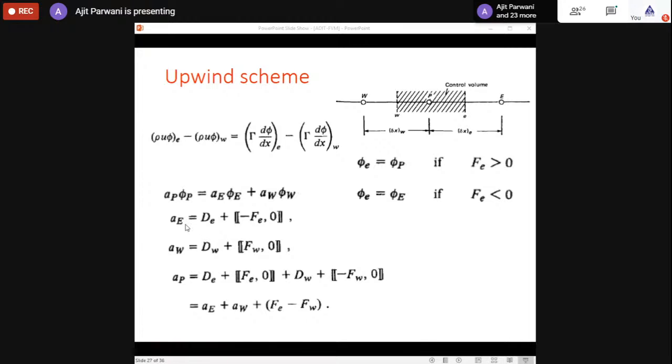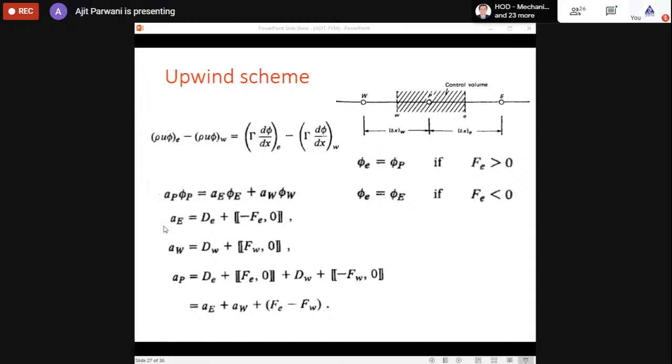If Fe is negative, then AE is equal to DE plus Fe, because if Fe is negative, then this value comes greater than this. AW is equal to DW only, because when it becomes negative, the higher value between these two is 0. Therefore AW becomes equal to DW, and AP is equal to AE plus AW.